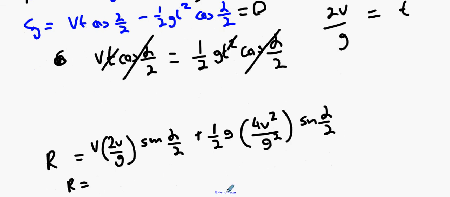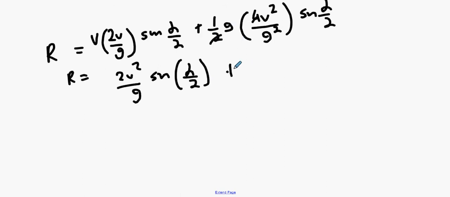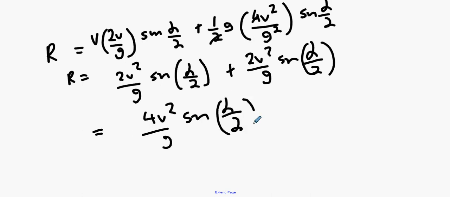Range therefore is 2v squared over g sine alpha over 2. Half of that is another 2, so plus another 2v squared over g sine alpha over 2. And then 4v squared over g sine alpha over 2 equals R.